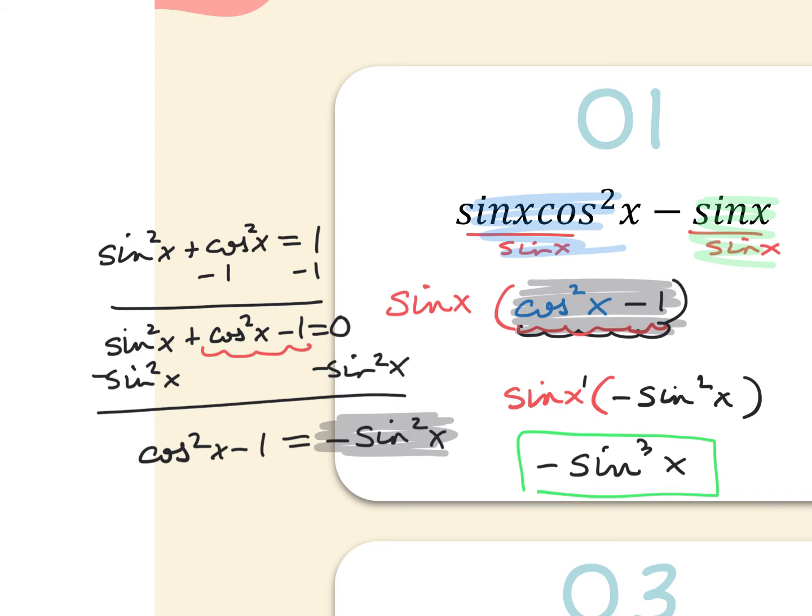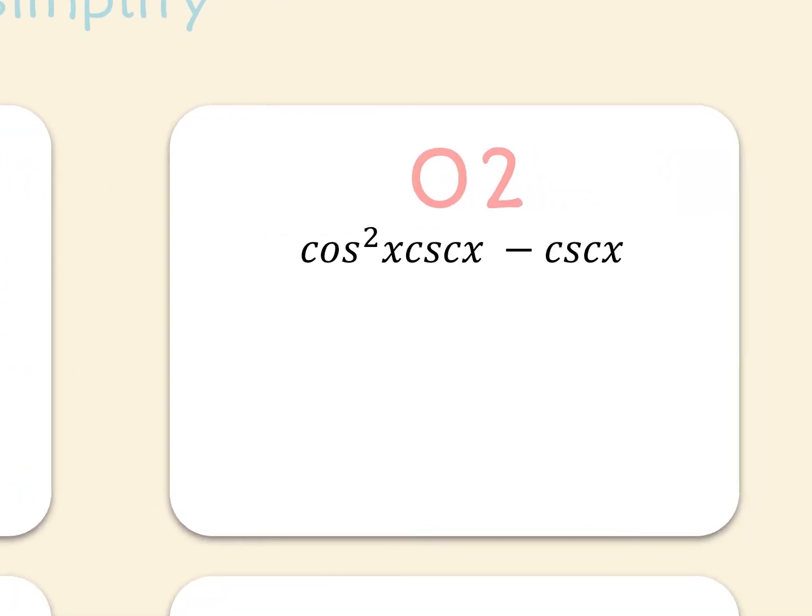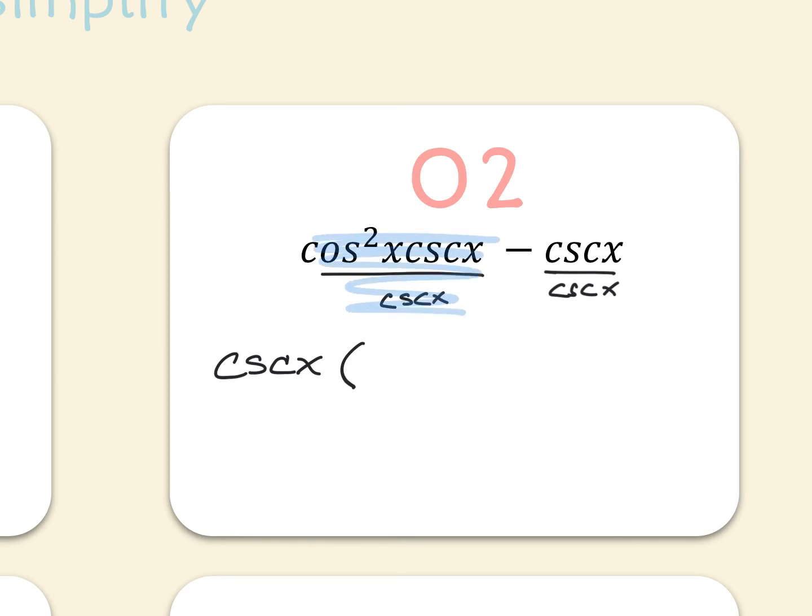We're going to do a similar scenario. We're factoring out a greatest common factor. Notice they both have in common cosecant x. That's my GCF. So after I divide this one, notice this will cancel. So I'm left with cosine squared x.